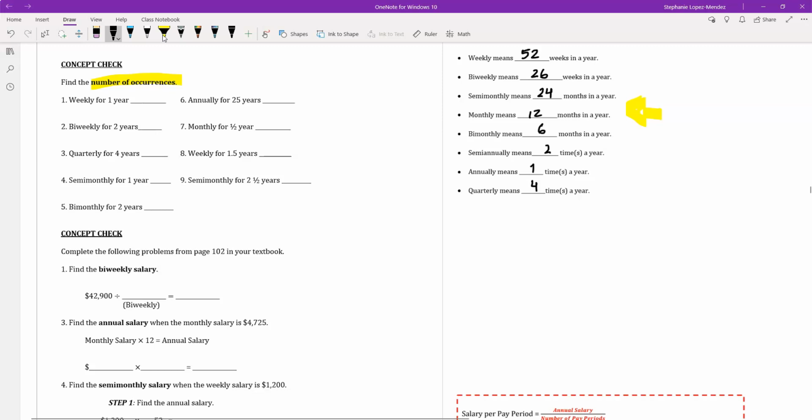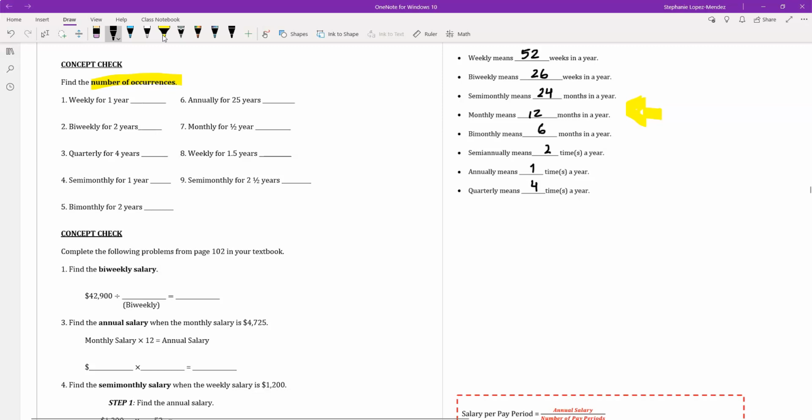So we are going to be working with that. Sometimes we will have to multiply any of those numbers by different amounts of years or months, so we can find the number of occurrences, or the number of pay periods, that we could get in a specific time.